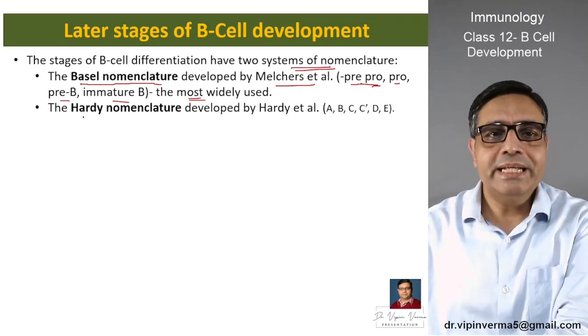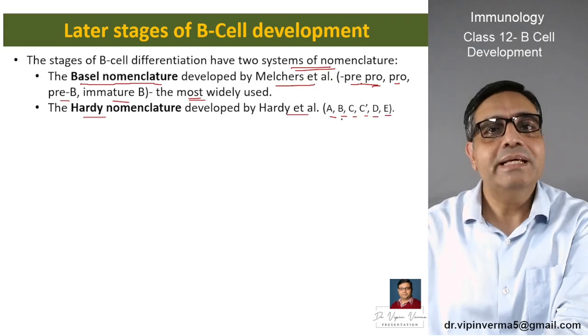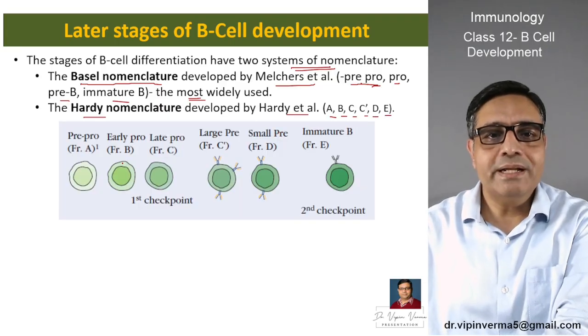While the second is the Hardy nomenclature, which was developed by Hardy et al. According to this, the different developmental stages are assigned letters like A, B, C, C prime, D, and E. So you can compare that the pre-pro B cells are A, the early pro is B, the late pro is C, and this is the first checkpoint here in the late pro B cell.